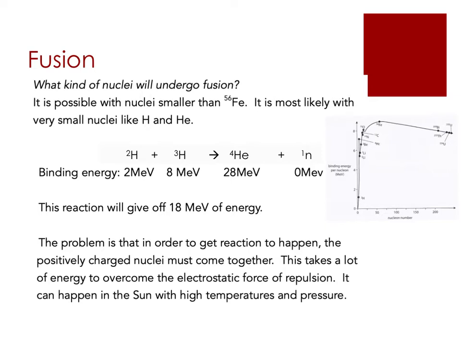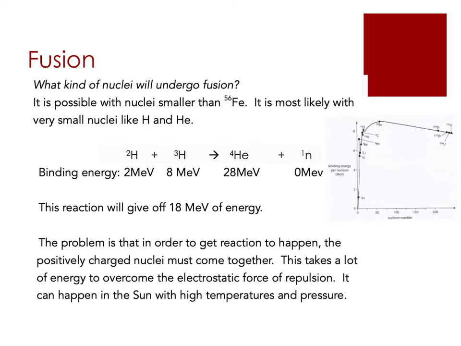Now that won't occur over here, because if these combine to create a larger one, it has a smaller binding energy per nucleon. We're going to get fission, and it's going to have to be on the left side of iron-56. So I've got an example here that could possibly happen in the sun.